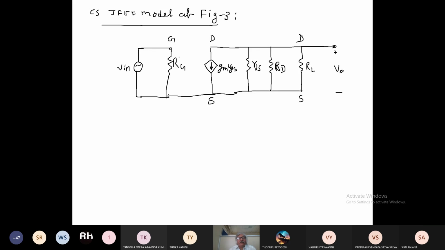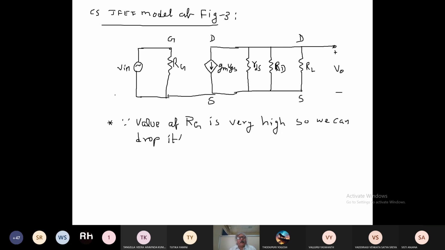The value of this RG is very high, so we can drop it.